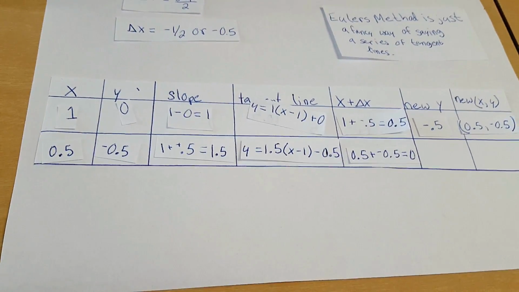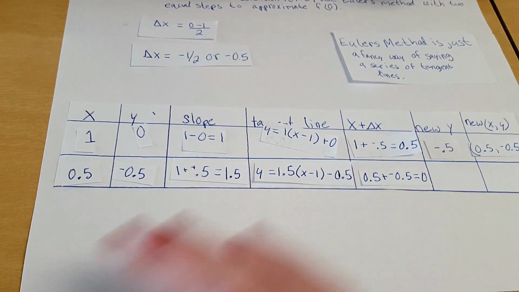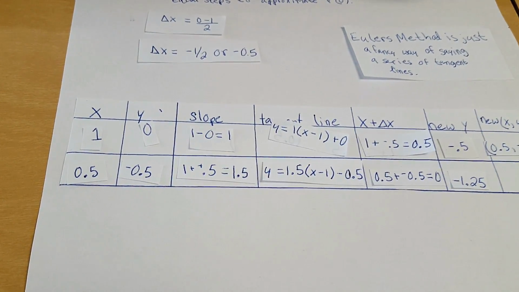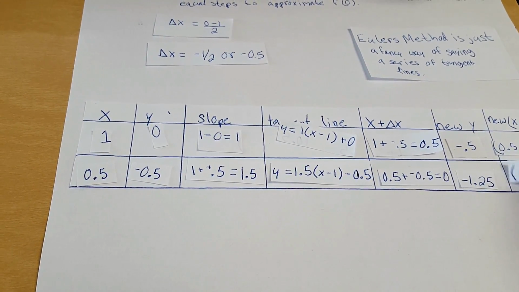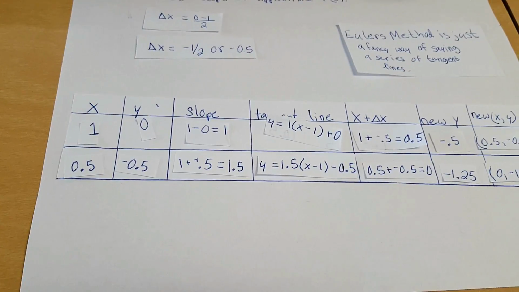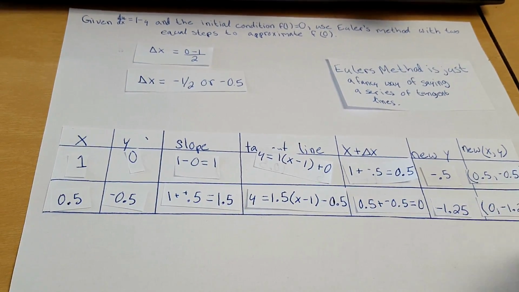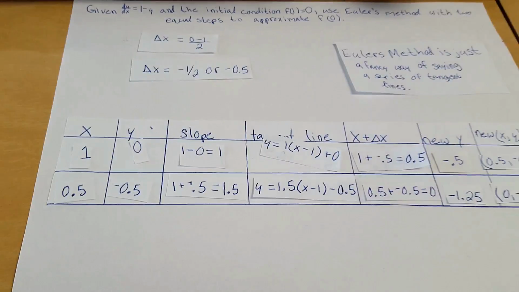And then the new y value, after plugging all of this into the tangent line, is negative 1.25. So then your new coordinates are 0, negative 1.25. And that's your answer, is just negative 1.25.